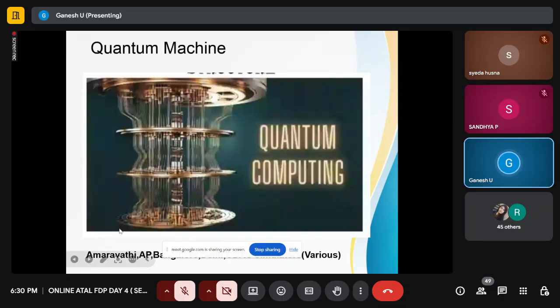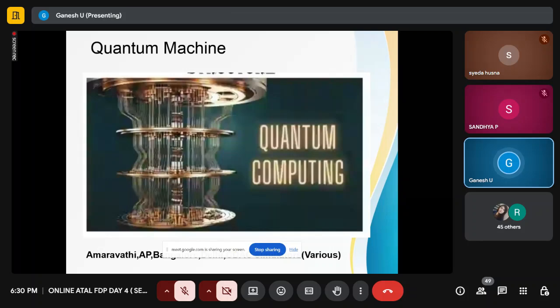This is available in only a very small number of places in India. That is Amaravati, AP. In Amaravati, AP, recently AP CM Chandrababu Naidu established the Quantum Valley.